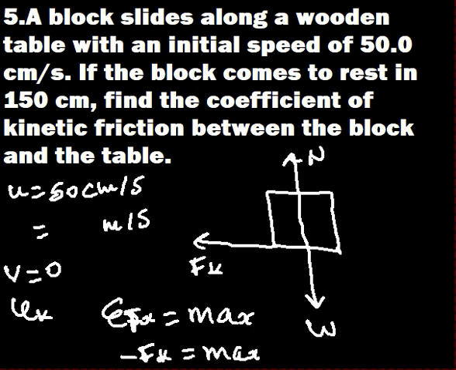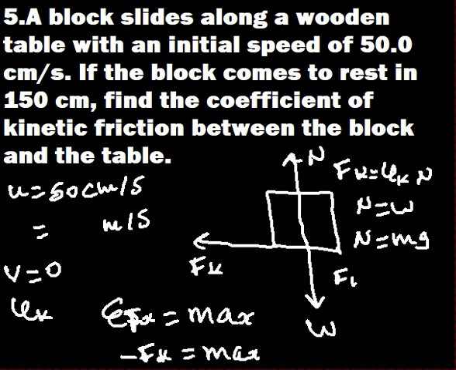But we need to have the value of Fk. Fk is given as mu k times the normal force, of which the normal force will be the same as the weight of the object. But the weight of the object is given as the mass times acceleration due to gravity.